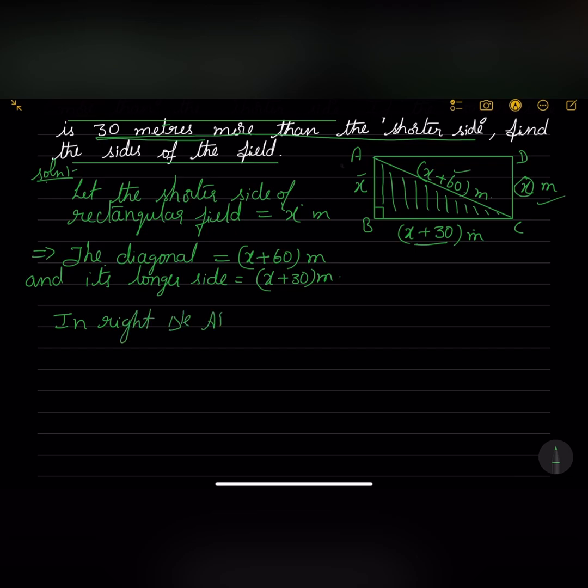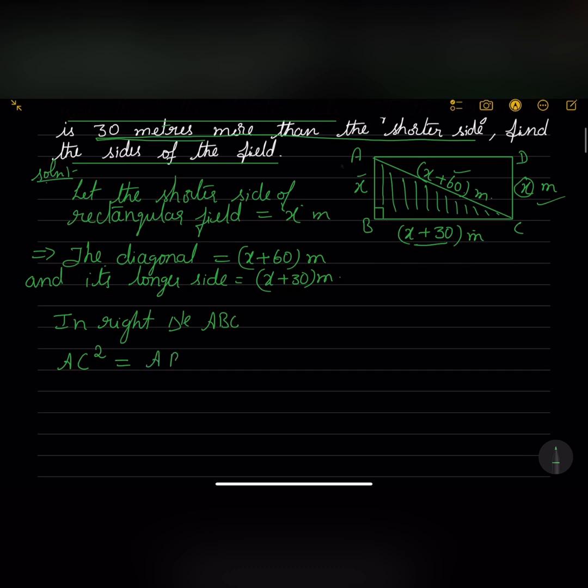We can apply the Pythagoras theorem. Let me take it as AC squared, the hypotenuse. The square on the hypotenuse is equal to the sum of the squares on the other two sides. So AC squared equals AB squared plus BC squared. We substitute the values of all these sides.